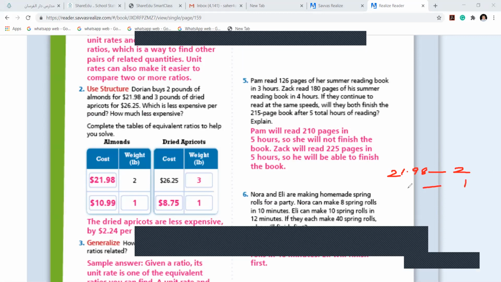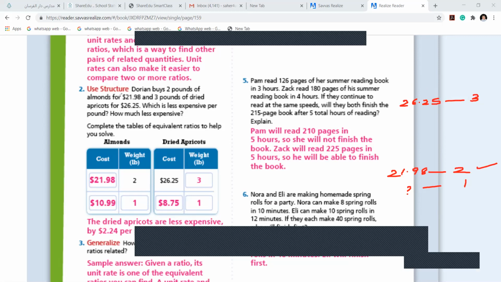1 pound, how much? This is one story, that she buys almonds. And the second story is that she buys apricots, 3 pounds of apricot for $26.25.